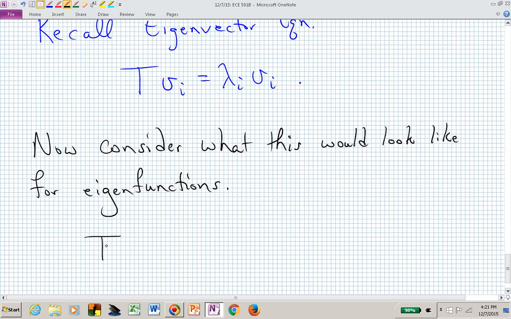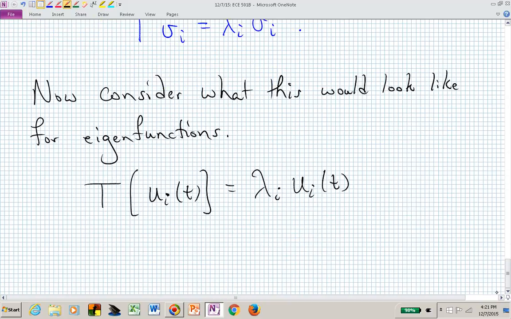Now we have T. We can still use T, but now let's use a function, we'll call it u sub i of t, and those t's are different. If you're listening to this, it's going to maybe get confusing. That was a capital T as a linear operator, and that was a lowercase t for the argument of this function. But now we're saying that the linear operator applied to this eigenfunction really just scales that eigenfunction by some scalar amount, lambda sub i.